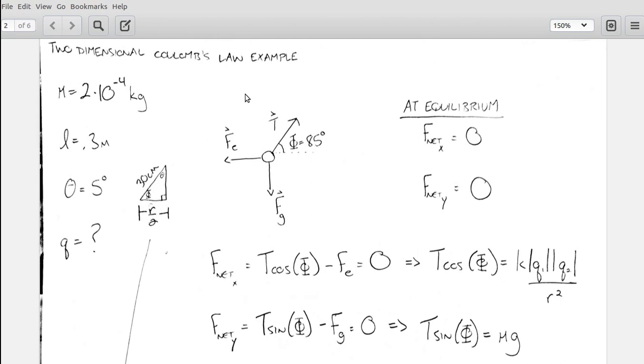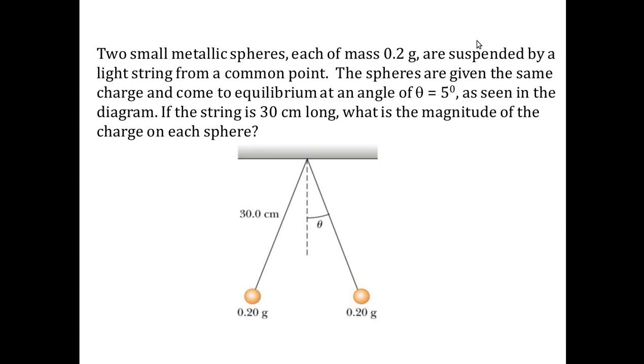Okay. So here's my free body diagram. The tension is acting in this direction. The gravitational force is acting in the negative y direction. The electric force on the sphere on the left is in the negative x direction. How did I determine that? They're given the same charge, right? I don't know if it's positive, I don't know if it's negative, but they're given the same charge.